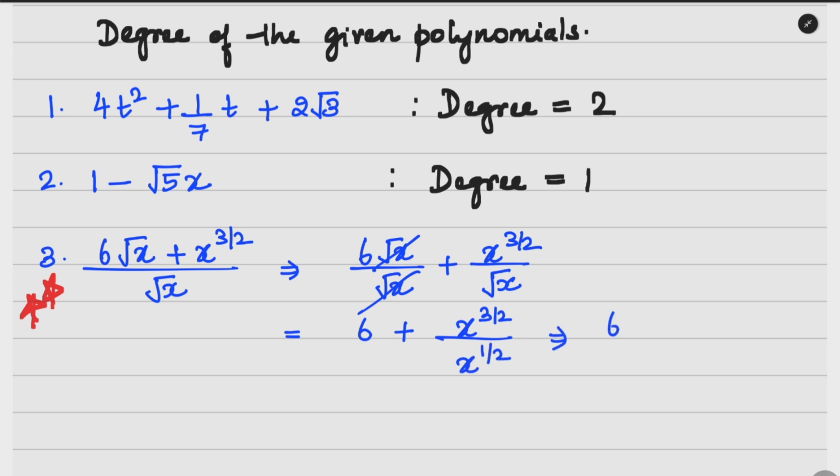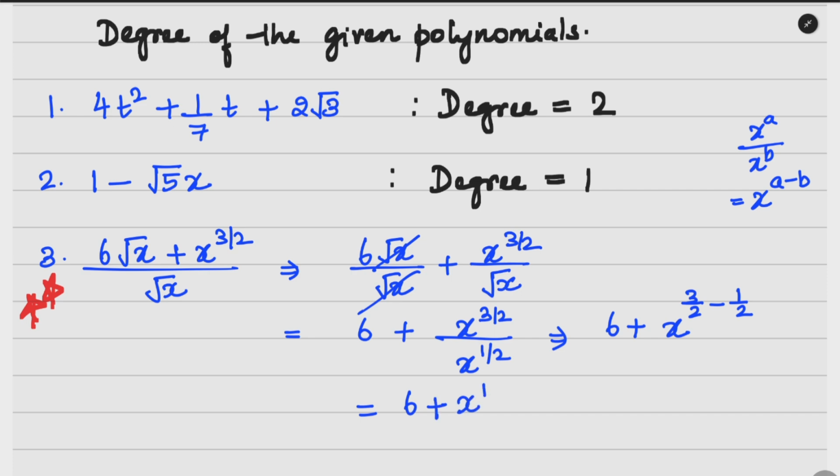So this would become 6 plus, whenever you have x to the power a by x to the power b, it's nothing but x to the power a minus b. Okay, so this is nothing but x to the power 3 by 2 minus 1 by 2. What is 3 by 2 minus 1 by 2? LCM is 2, 2 by 2, which is 1, isn't it? So it is nothing but 6 plus x to the power 1.